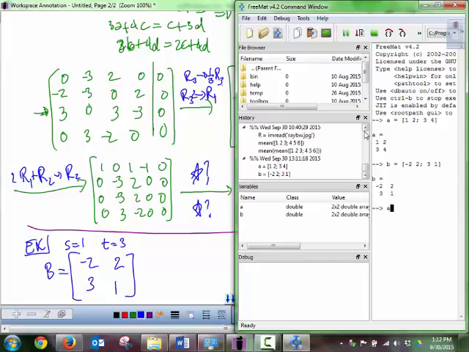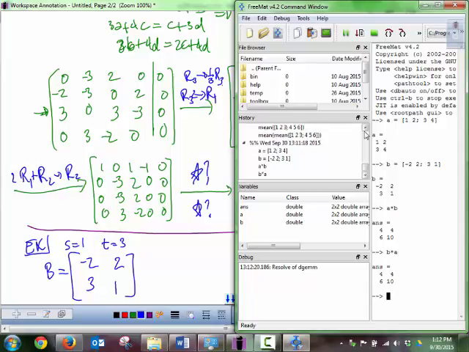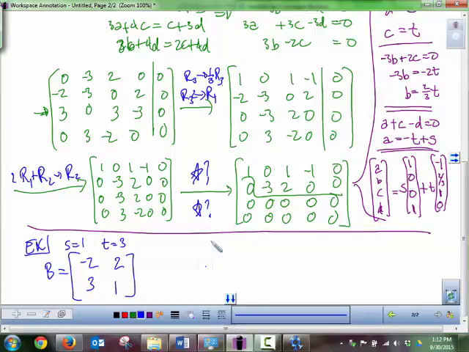So if I multiply A times B and B times A, they should be equal, right? And in fact it is. So we could find different values for S and T that would give us different matrices where, if we multiply them in reverse order, we should get the same thing. That was a fun exercise.